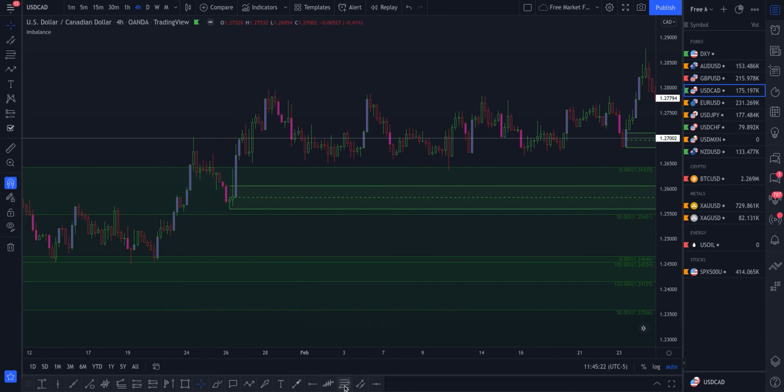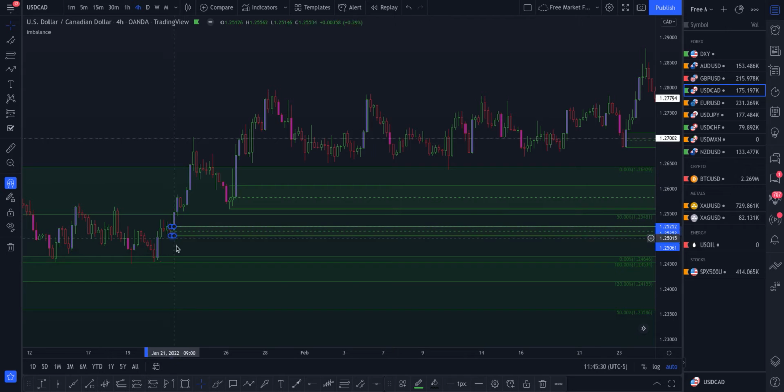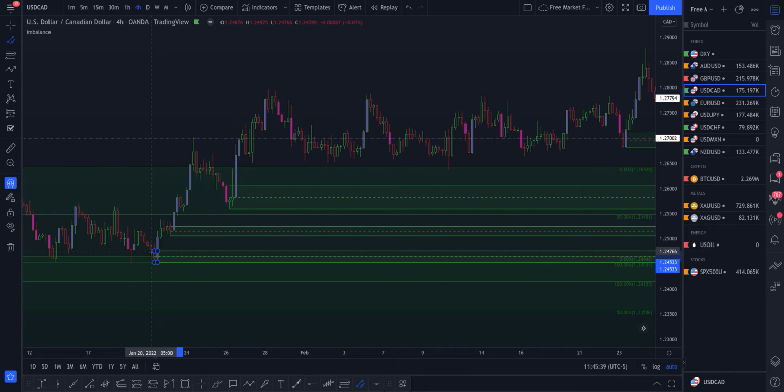We have several different unmitigated 4 hour zones that we could definitely see the market come back to. Okay, and let me just draw these in and we'll see if we can make sense of these. All right, as well as imbalance to be filled.